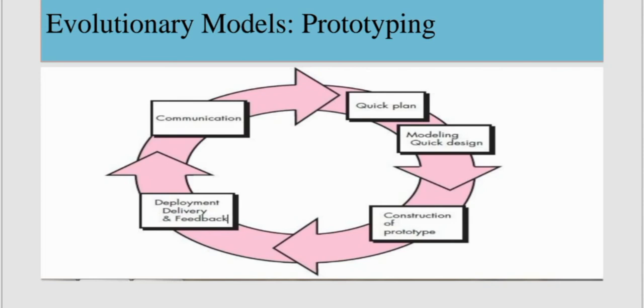The first and foremost advantage of prototyping is that it helps the developer to understand the certain and uncertain requirements of the customer. It helps the customer to easily realize the requirements modification before final implementation of the system.